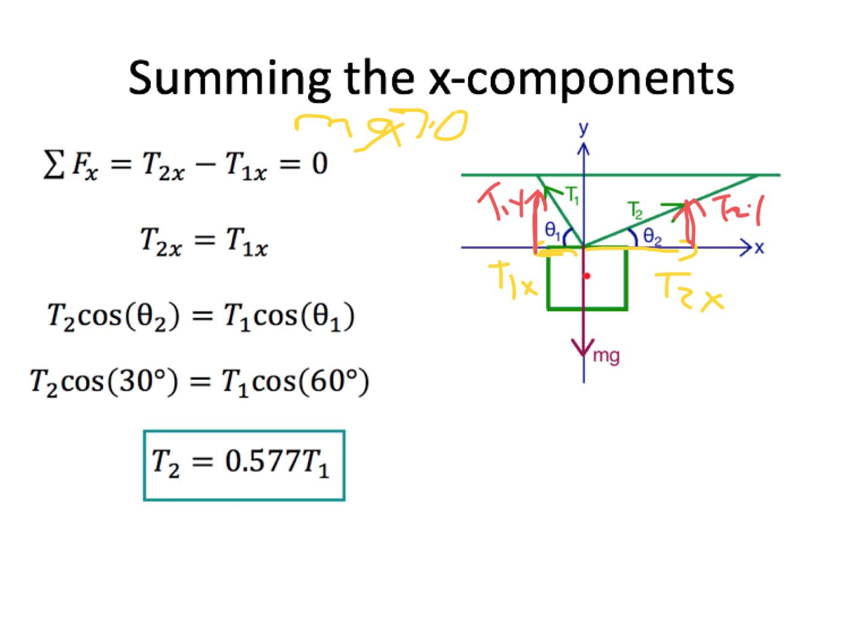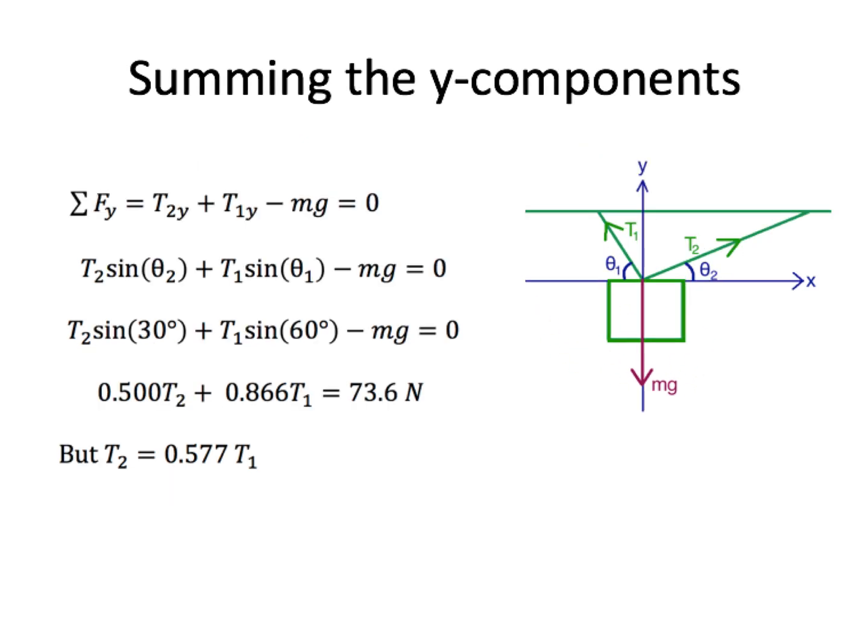Now the weight is already 100% pointing in the negative y direction, so we don't have to break it into components. It's already done for us. So if I look at doing the sum of the forces in the y direction, I'm going to have this guy is T2y, and this guy is going to be T1y.